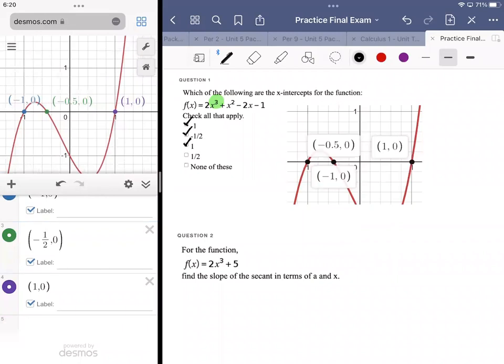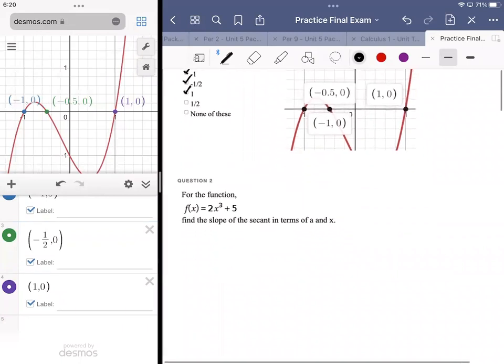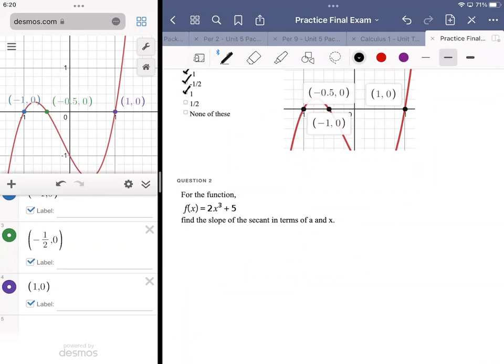All right. Number 2 is more involved, but all of this is stuff that we've seen before. It's just a question of how fresh it is. Find the slope of the secant in terms of a and x. The general rule that we're following here is f of x minus f of a over x minus a.